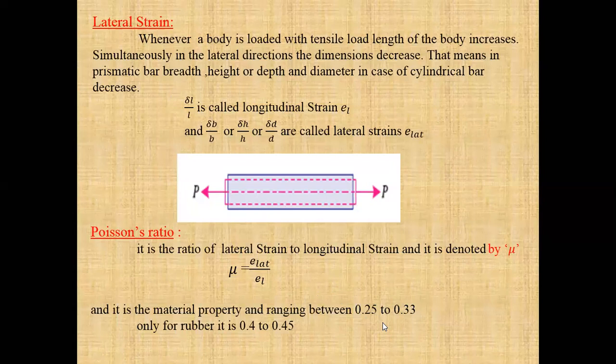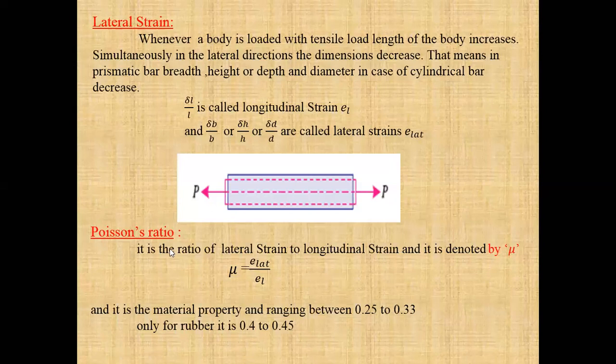Suppose you are doing some numerical calculation to find the Poisson's ratio in the middle or as an end answer, and you get something more than 1, or more than 0.6, obviously you must cross check your calculations, because it is a material property. For all the materials it has its own unique value, but all those values fall between 0.25 to 0.33 only. Only for rubber, it is 0.4 to 0.45.